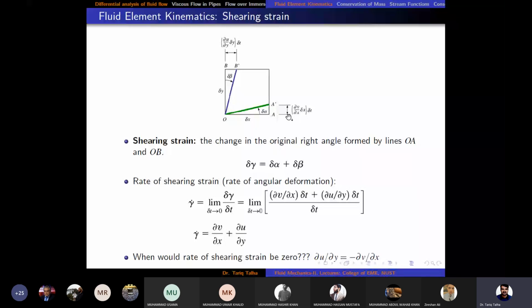It means that for this case we are talking about pure rotation. So shearing strain 0 means that there is no change in the shape of the body. It is only rotating about the axis, pure rotation, and that would be only the case when we have this partial v by partial x on this side. So it means that it is kind of rigid body rotation.